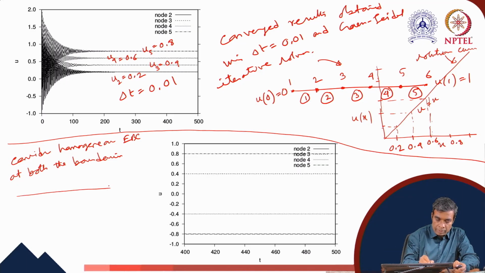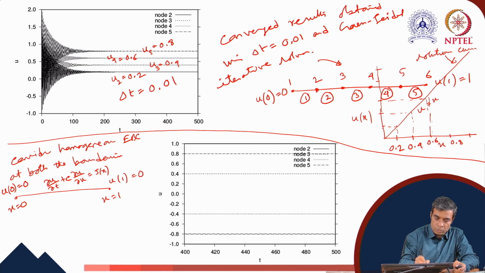So this is our bar. We have x equals 0, x equals 1. So del u del t plus c del u del x equals sx. Here u0 equals 0 and u1 equals 0.